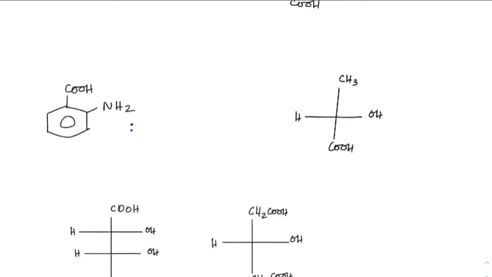If you have NH2 instead of COOH, this is anthranilic acid. Okay. And if you have a chiral center with OH and COOH, you call it lactic acid.